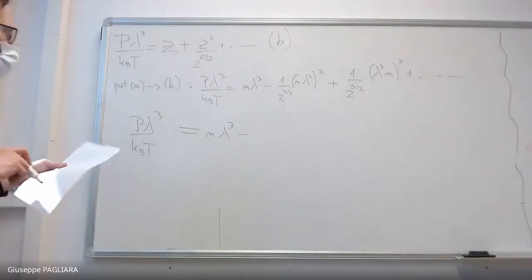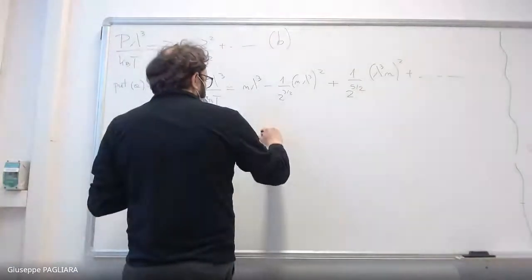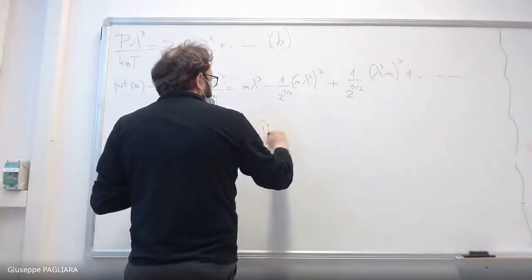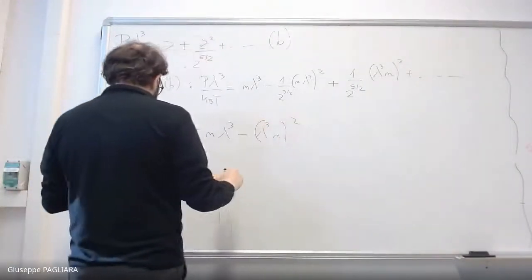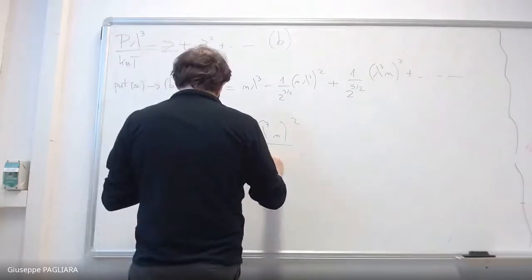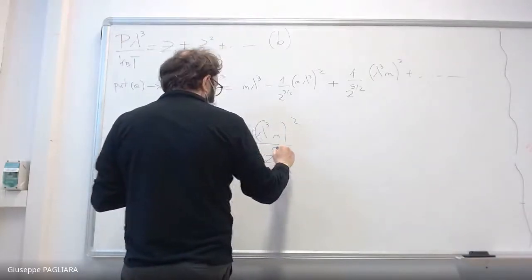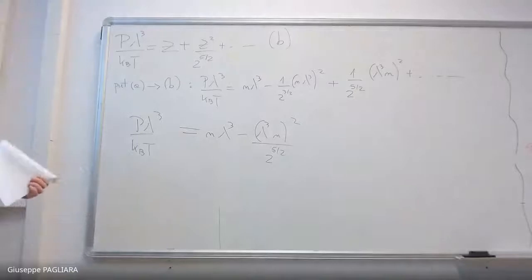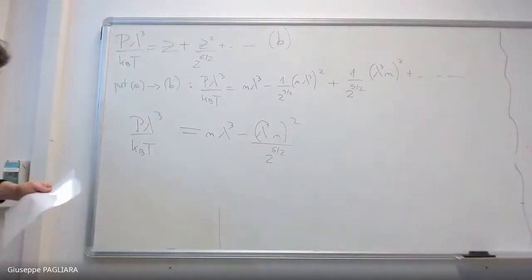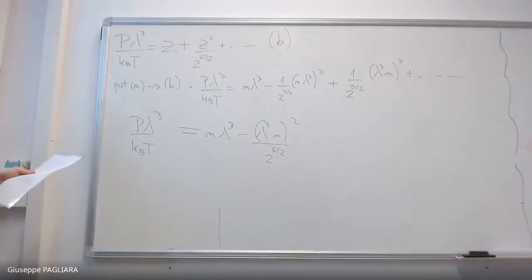And if you do the calculation, you will get lambda cubed n squared divided by 2 to the power of 5 half. I have to explain that it is 11 o'clock. n lambda cubed, and this squared, divided by that. Okay.